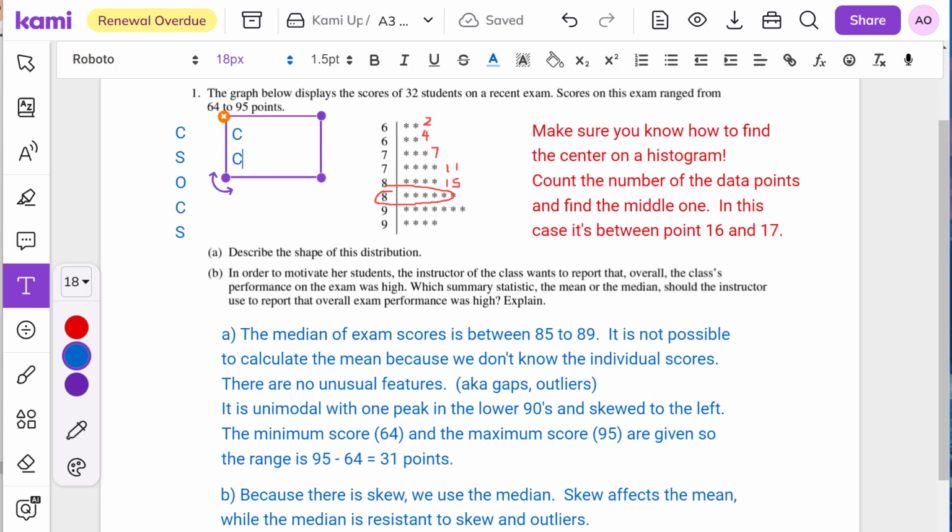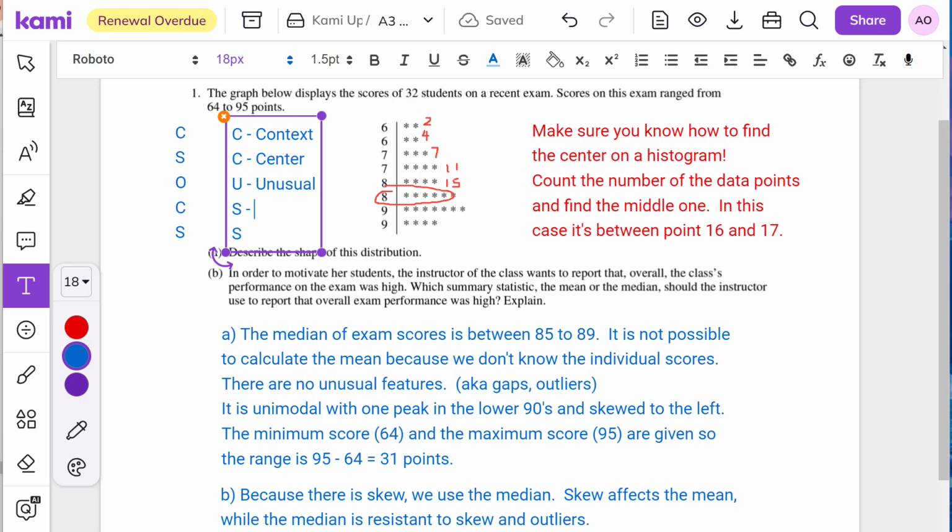What does the first C stand for? It stands for context. Context, context, context is king. Then the center, so I'm using CCUS. The reason I like CCUS is that CSOCS has O for outliers, which is an unusual feature, but gaps can also be unusual features, so it's not implied.